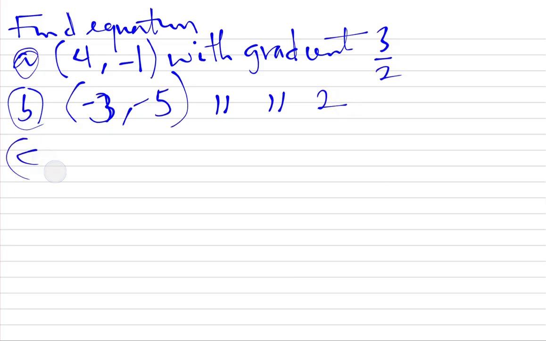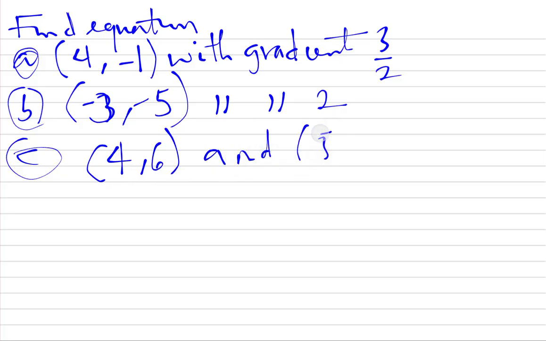Then C, you want to determine this: you have 4 comma 6 and 5 comma 2. You can see that this one now you are not given the gradient, so you have to determine the gradient by yourself.